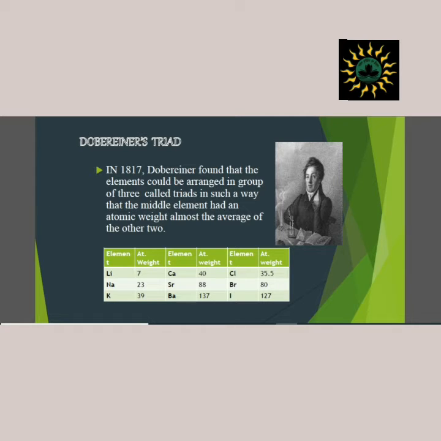Now, what was the limitation of Dobereiner's triads? Using these triads, he could observe these properties for very few elements, but he could not arrange all the elements known at the time. So it is not a proper way to classify all the elements. That was the limitation.